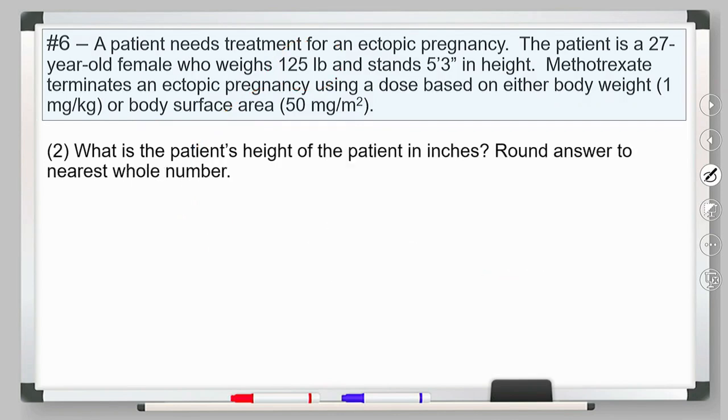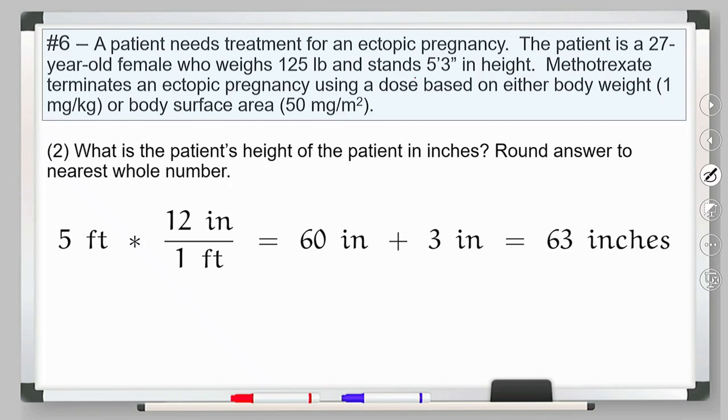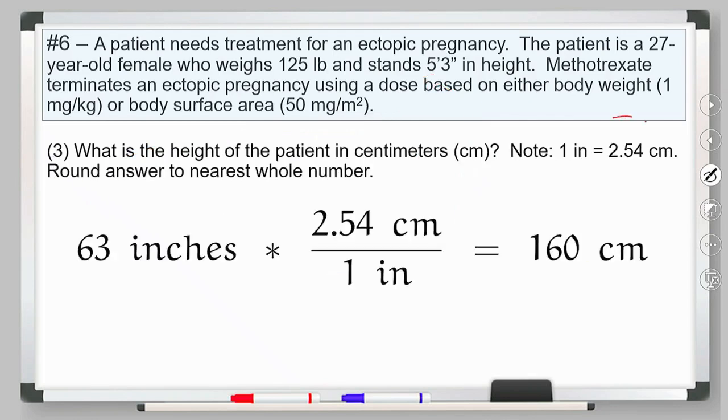We're going to need their height in centimeters. So let's go through that process again. 5 foot gives you 60 inches, plus 3 inches gives me 63 total. So the patient's 63 inches tall. Let's convert that to centimeters by multiplying by 2.54. That gives me the 160 centimeters total.